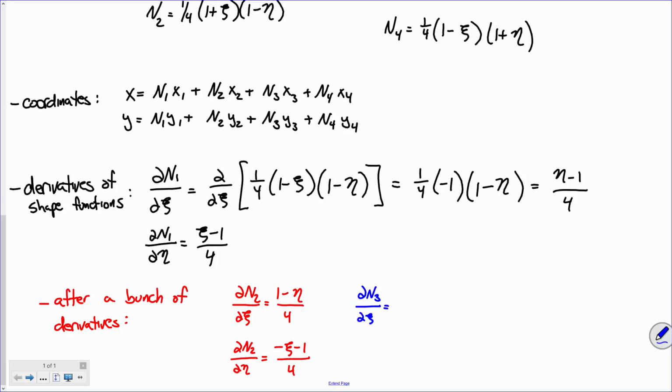These are all the N3s. And here's all the N4s. Minus (eta minus 1) over 4.